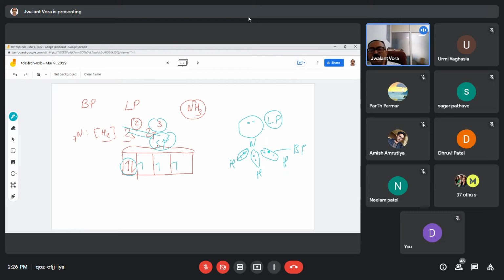Now if we talk about the bond pair, 2 electrons are there. Here the nucleus is there, and here also the nucleus is there. On both sides protons are there. So these electrons will be pulled in both directions.